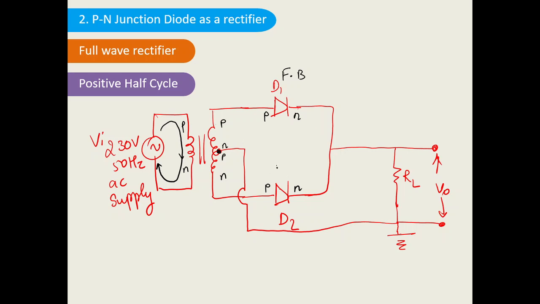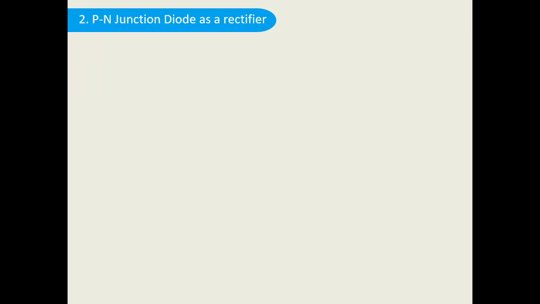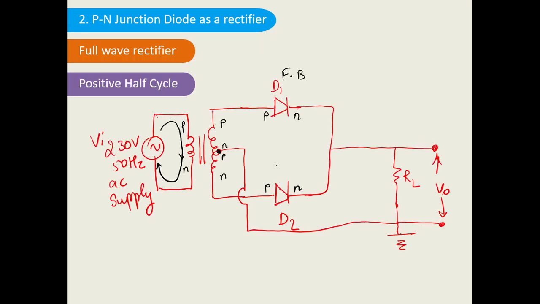I can say this is reverse biased. So in the case of forward bias, the diode D1 will be on, while in the case of reverse bias, the diode D2 will be off.